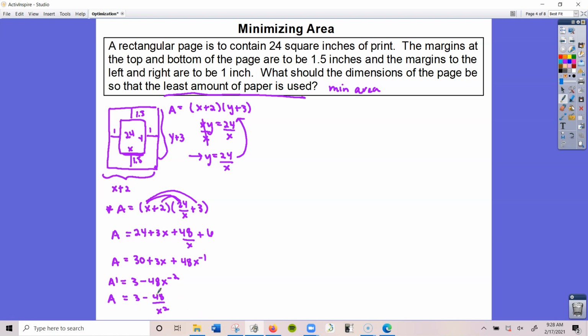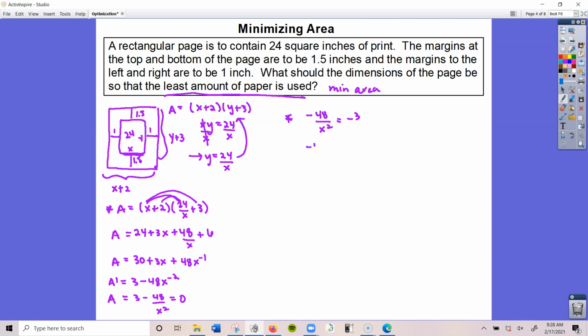So this is my derivative. I make it equal to 0, and now we're going to solve for those critical numbers. First, we can subtract the 3 over, so negative 48 over x squared is equal to negative 3.